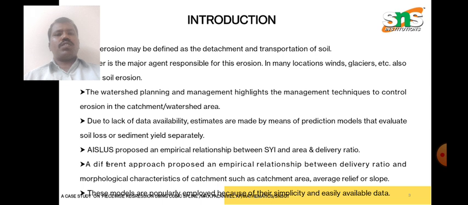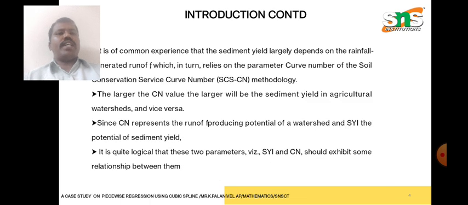Iyer proposed an empirical relationship between SYI and area and delivery ratio. A different approach proposed an empirical relationship between delivery ratio and morphological characteristics of catchments such as catchment area, average relief or slope. These models are popularly employed because of their simplicity and easily available data.